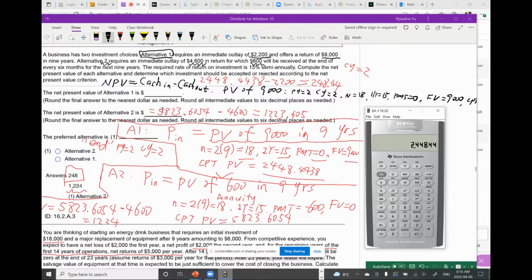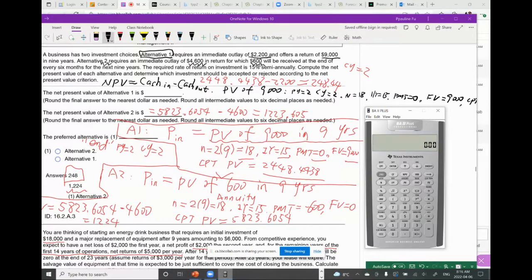And cash in is the present value of the annuity. The present value of the annuity is the money in. So let's do second quit. For alternative 2, PY is still 2, CY is 2.